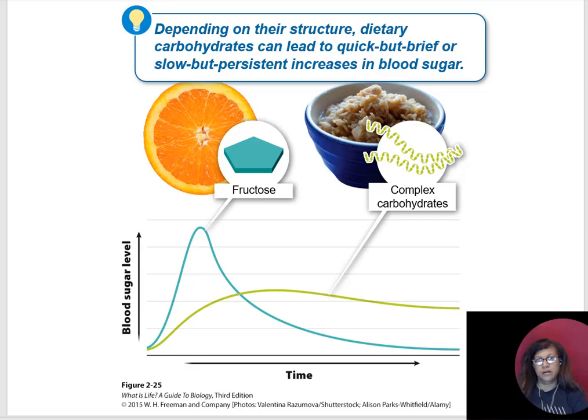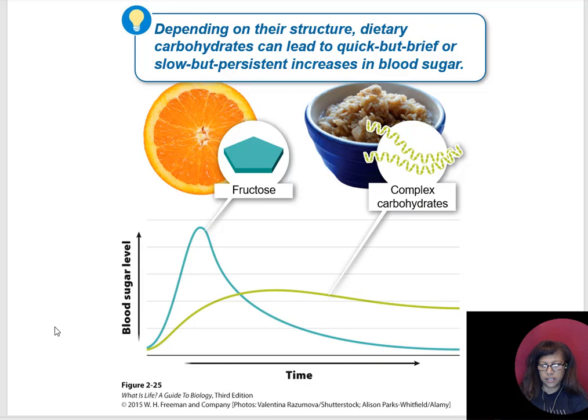So here's where that knowledge becomes important. Depending on their structure, dietary carbohydrates can lead to this quick but brief energy boost, or you can have this slow but persistent increase in blood sugar.